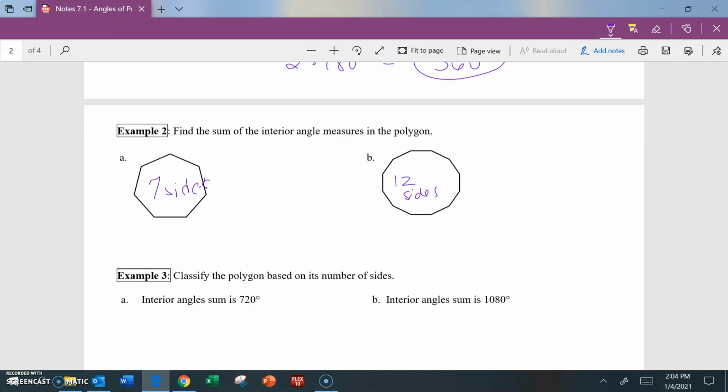So for 7 sides, if we substitute this in our formula, which you gotta know by now, hopefully, 7 minus 2 would give us 5 times 180. That is 900 degrees are always on the inside of any 7-sided polygon.